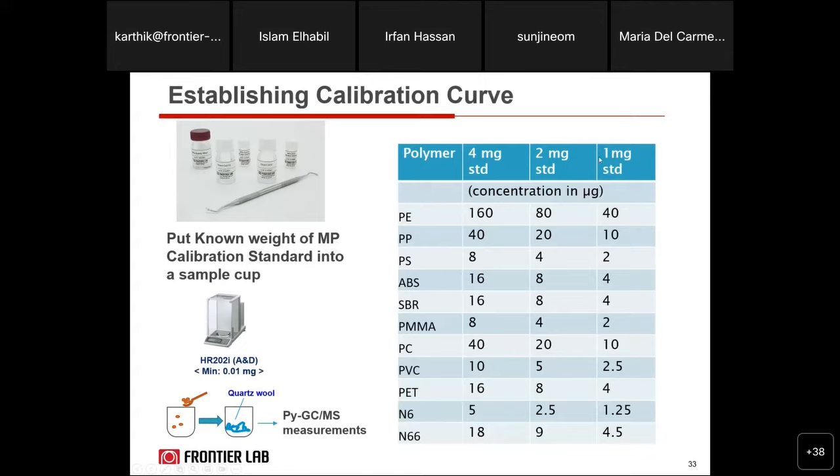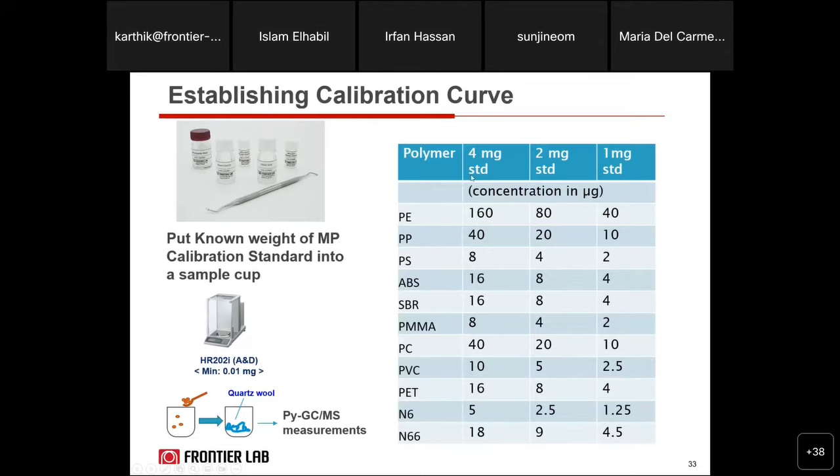Even though you weigh 4 milligram, the actual concentration of each polymer is much lower, at the microgram level, 160, 40, 80, and so on. This concentration difference is also based on sensitivity. For example, polystyrene is very sensitive, and also nylon 6, while polyethylene is not very sensitive. So we have to use different concentrations for this mixture analysis.